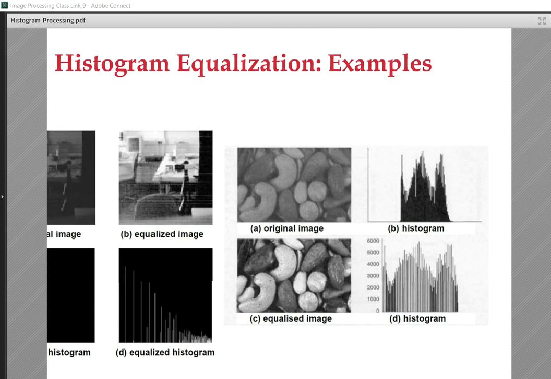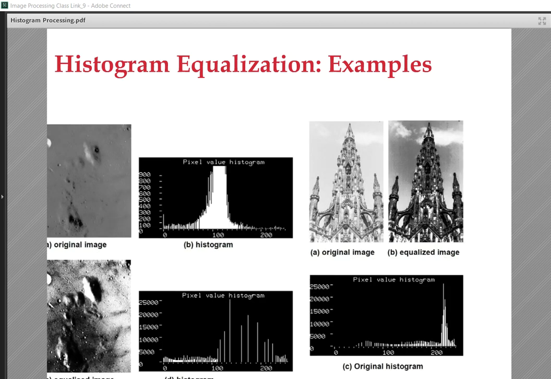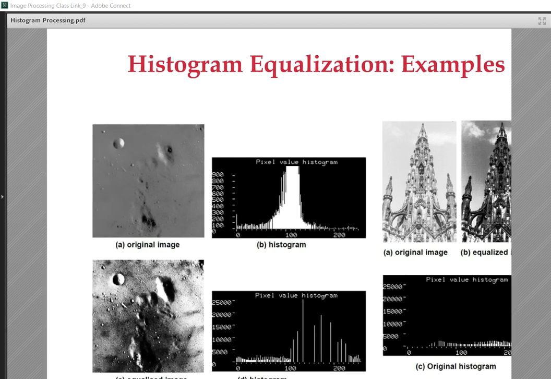Another example: this original image is dark and low contrast, and this is the enhanced version. What about the histogram? This dark and low contrast image has this histogram, compacted in this area.